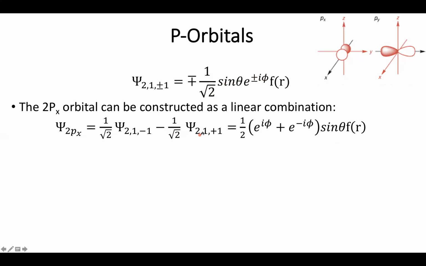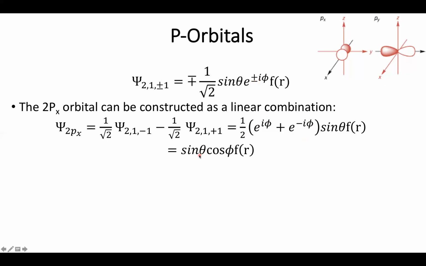And then what I end up getting is e to the i phi plus e to the minus i phi. Hopefully this expression looks familiar, because this is cosine phi.